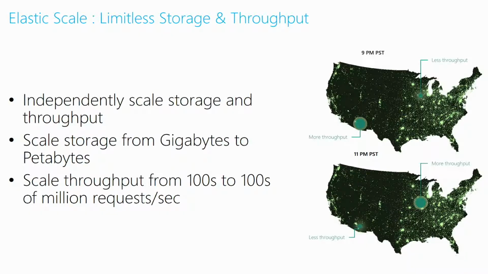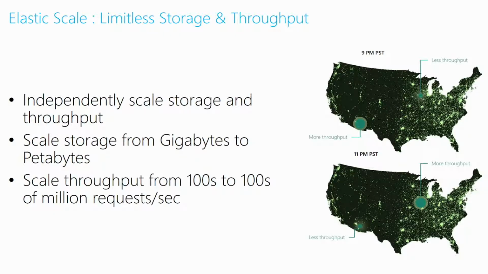Beyond global distribution and the low latency capabilities that we talked about, another important aspect for applications is the ability to scale. Ability to scale both storage and throughput as required. Applications built need not have the fear of going viral, and as needed, they should be able to independently scale storage and throughput, which DocumentDB allows. You can scale storage from gigabytes to petabytes.